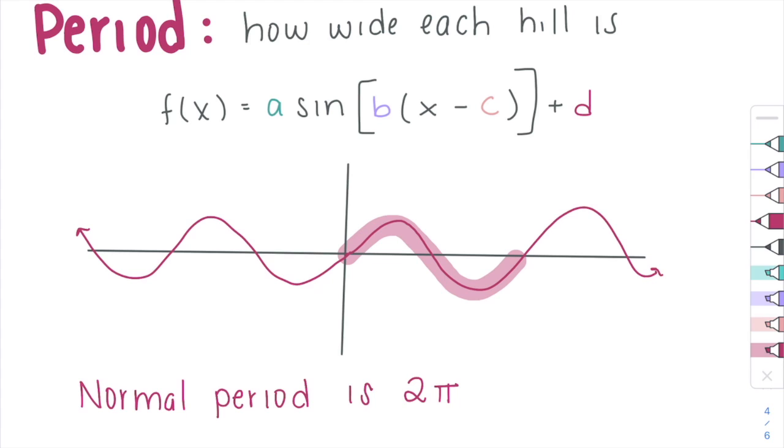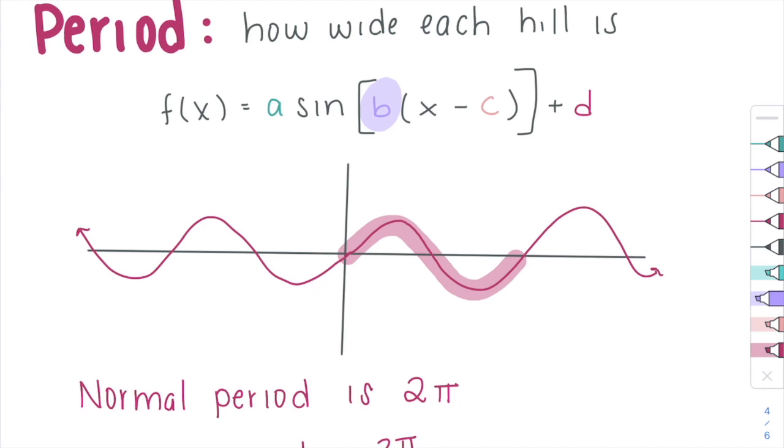If we're going to stretch or shrink the period, we can find the period or calculate it. Period will equal 2 pi divided by the b value. And the b value is right in place where our horizontal stretch or shrink would be.